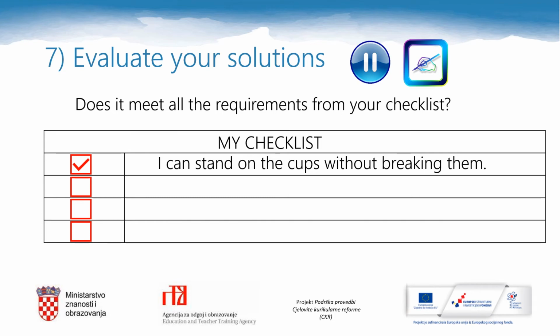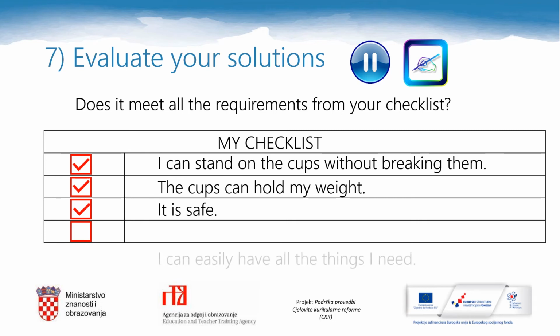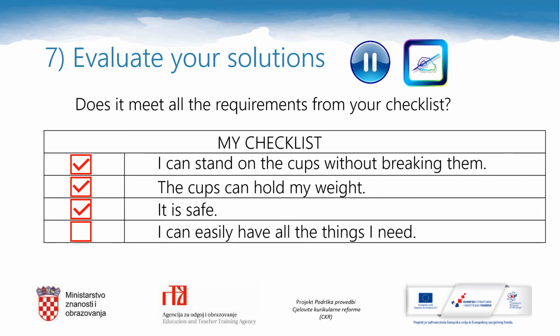The next criteria was, the plastic cups can hold my weight. That's also true. The next criteria, it is safe. Also true. And the last criteria, I can easily have all the things I need. Also true. So all of these criteria are true. We managed to meet all the requirements and that is good.